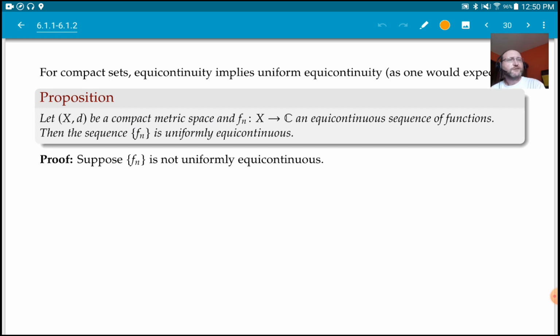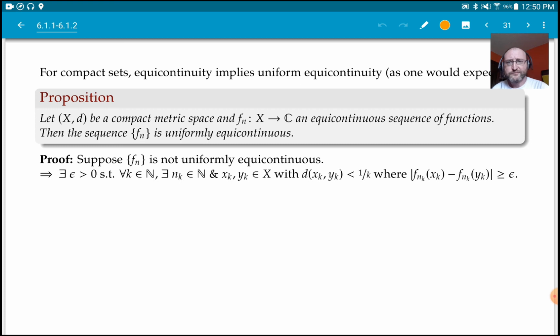So how do we prove it? Let's suppose the sequence is not uniformly equicontinuous. You have to unpack this negation. What does it mean to not be uniformly equicontinuous?